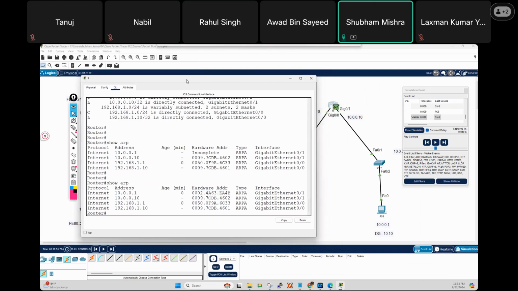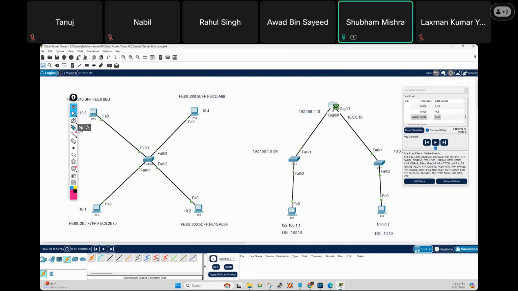So now the router knows the 10.0.0.1 MAC address. Now, guys, if you remember, when this PC generated the ICMP packet, this packet reached here, and that time this router held that packet. Why? Because this router didn't know the MAC address of 10.1. Yes or no?